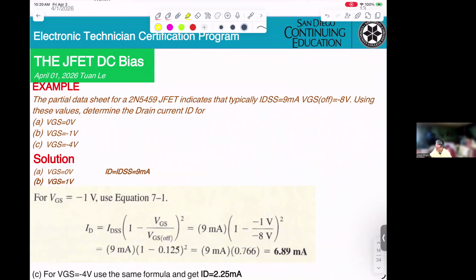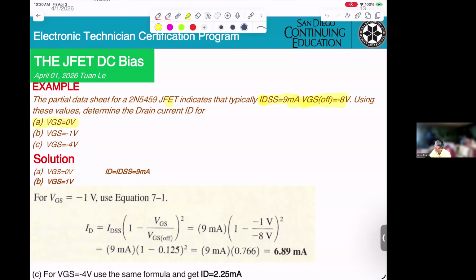Next example. The data sheet of the JFET gives IDSS of 9 milliamps and VGS(off) of minus 8 volts. Using these values, determine the drain current ID.